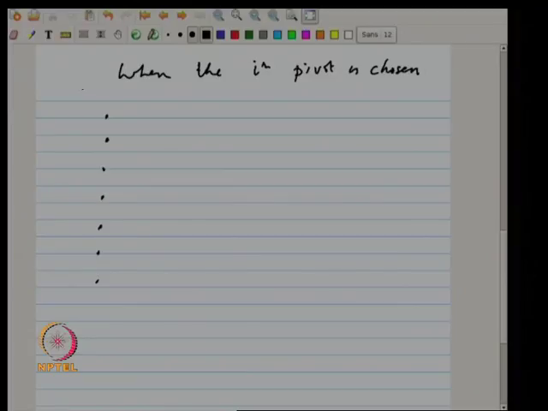There are n elements, and there are certain intervals, and these intervals are being defined by the pivots.